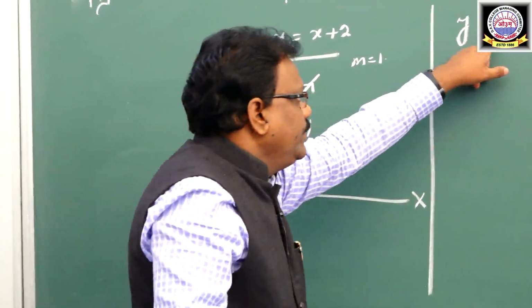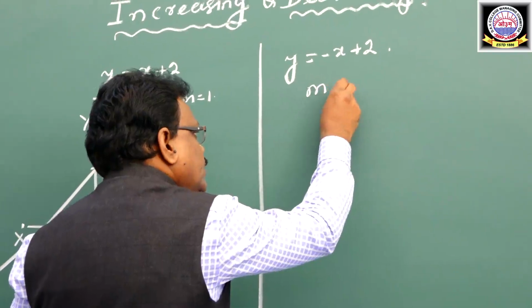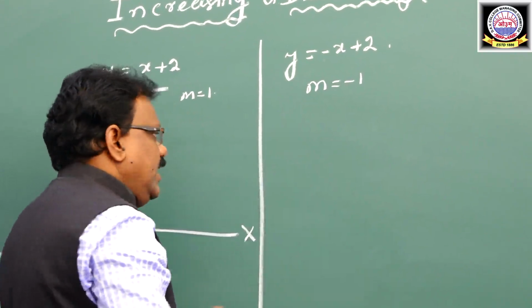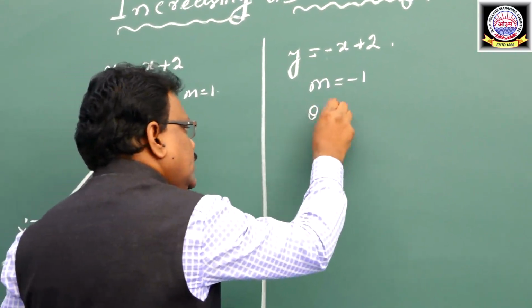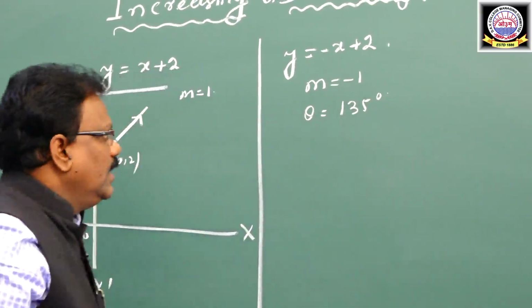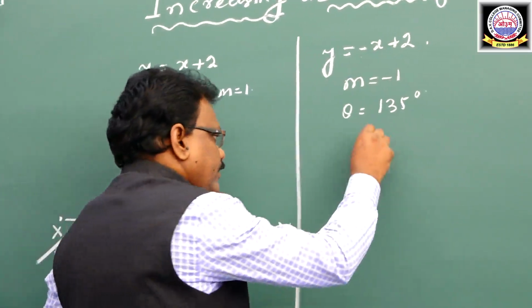Now let us draw the next graph. In this graph, the slope is minus 1, m is equal to minus 1. So, tan theta is equal to minus 1. So, theta is equal to 135 degree. And again the y-intercept is 2. So, draw the graph.